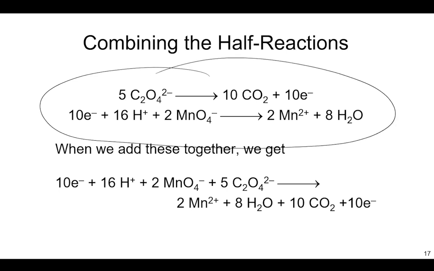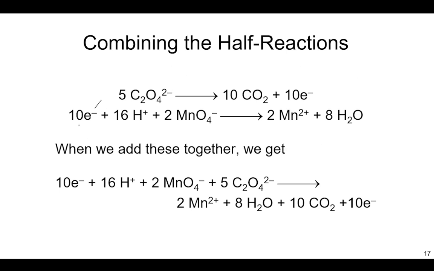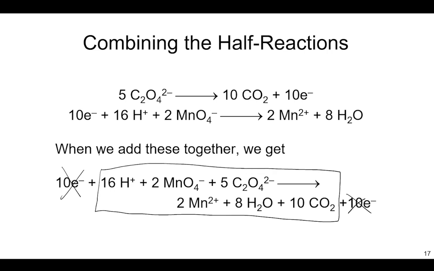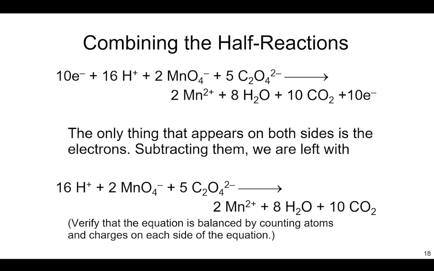Okay, so now this is the result after I've multiplied through to get the common multiples of 10 for my electrons. And now when I add these 2 together, those electrons will cancel out. And that's what I want. And now what's left here is the balanced redox reaction. Okay, I'll clean that up and just show it here. So this is my final answer.